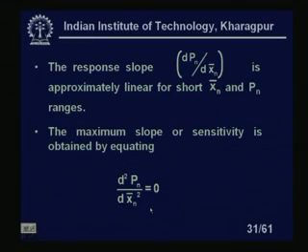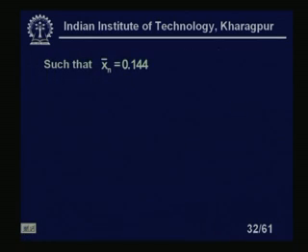The maximum slope for sensitivity is obtained by equating d square Pn by dxn square to 0, from basic elementary calculus, such that xn bar equals 0.144.